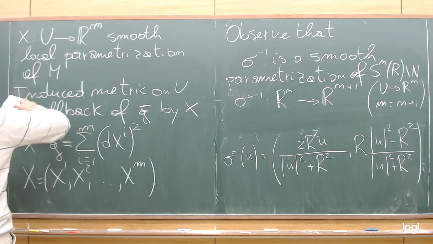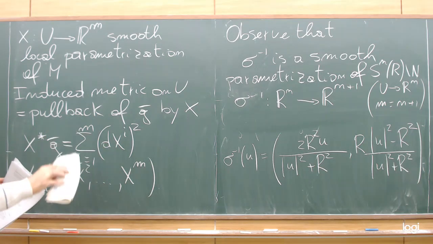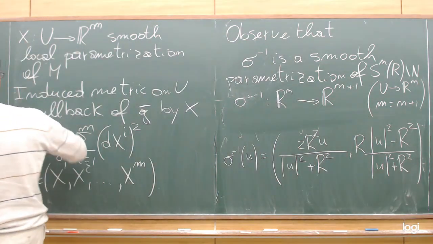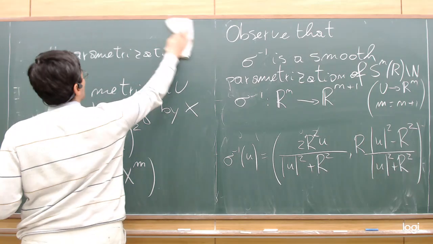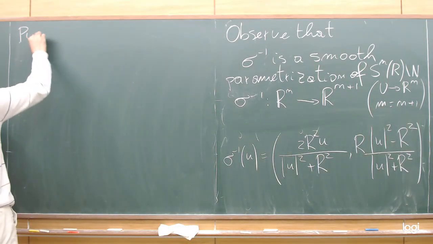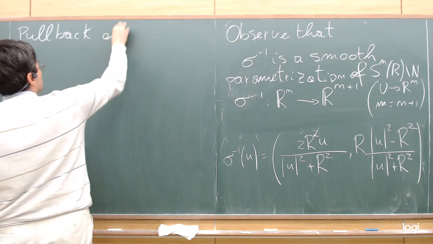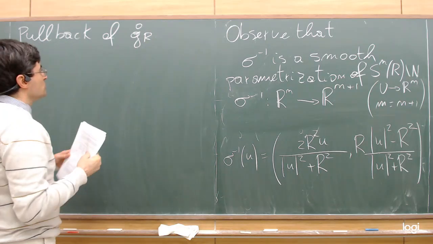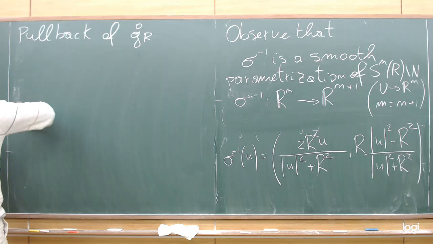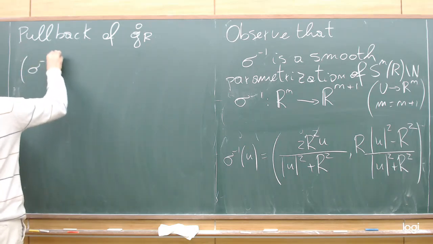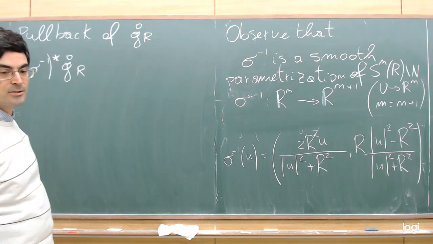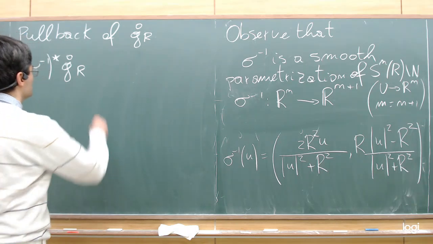So if we want to find the pullback of g circle R, this was the symbol for the round metric of radius R, then this is given by sigma inverse star g circle R. But what is g circle R? g circle R is the restriction of the Euclidean metric to the sphere. So we can do this.